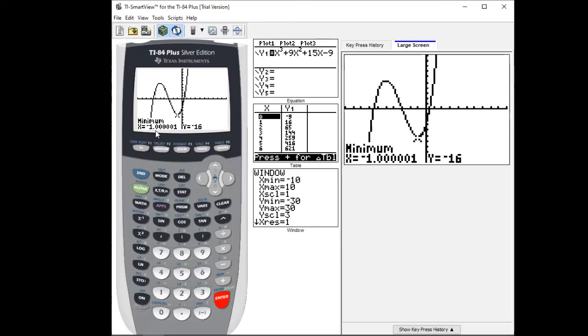Now, see again, look, -0.0000001, whatever. This is as good as the calculator could do. My minimum. Now, remember, this is not an absolute minimum. This is a relative or local minimum. It's right there. -16 is the smallest y value that I get in this area.